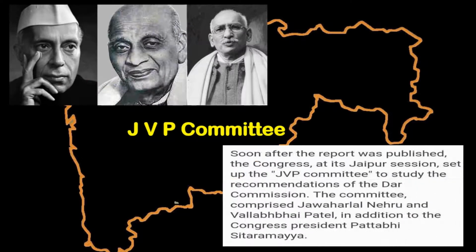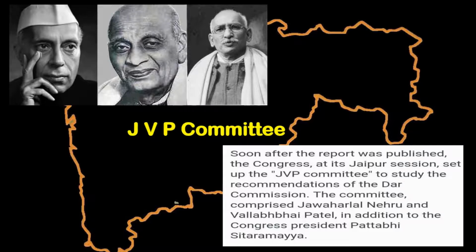Now the next one is the JVP Committee, or we call it the Three Ministers Committee, to study the conditions of creating linguistic provinces. The Congress appointed a committee on 29 December 1948.